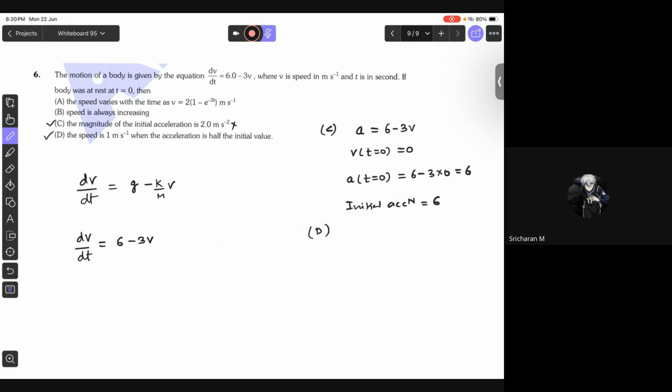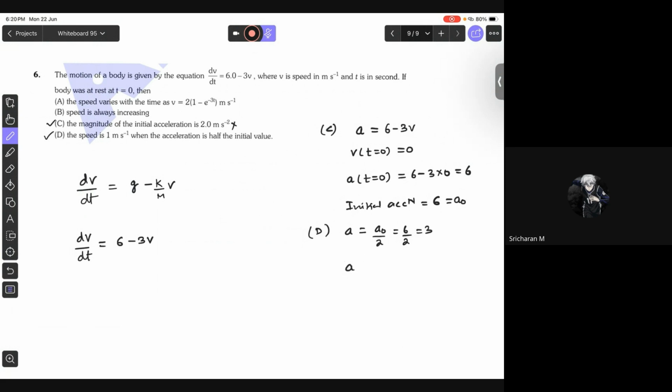Now, option D also is like that. The speed is 1 meter per second when the acceleration is half the initial value. So when a is half the initial value, suppose initial acceleration, I call it a naught. When a is a naught by 2, which means a is 6 by 2, which is 3.